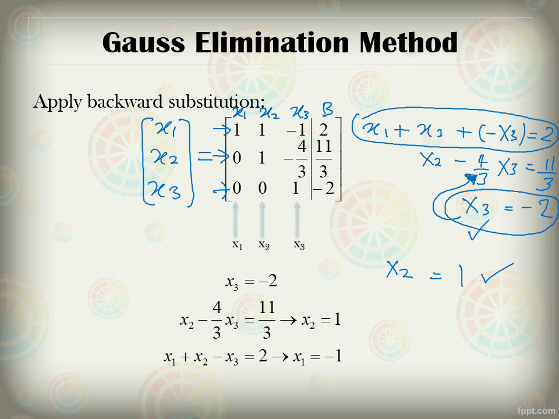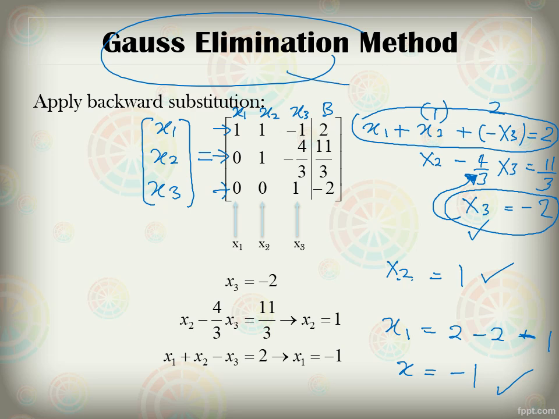Substitute x2 equal to 1 here, x3 equal to minus 2, so it will become plus 2 here. So x1 equal to 2 minus 1 minus 2. So x1 equal to minus 1. So solved. Alright, so that is the Gauss elimination method. Reduce it to REF form.